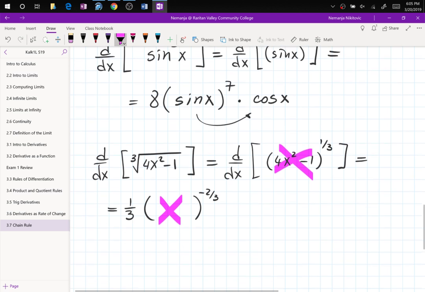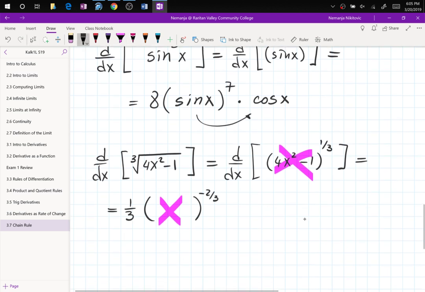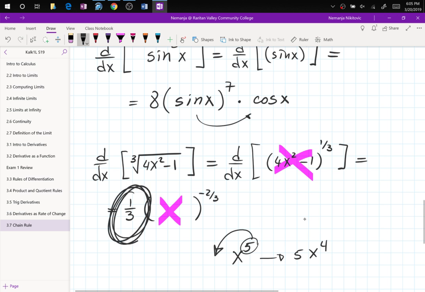Are we all agreeing on that? Here's another example. The derivative of x to the 5 is 5x to the 4. So you drop the exponent down and you subtract 1.